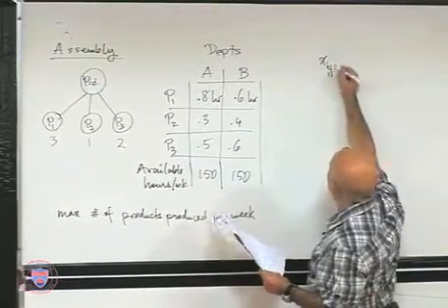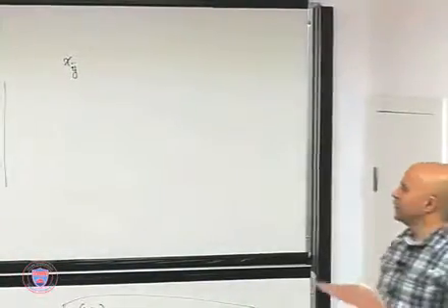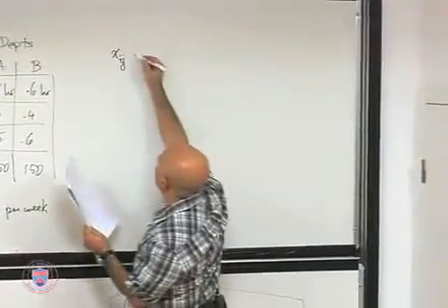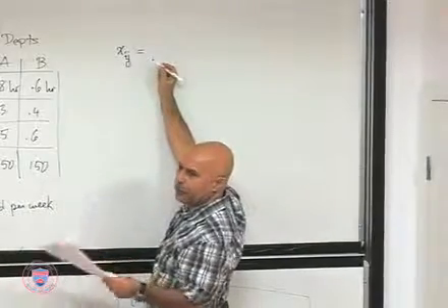So I'm going to define a double subscripted variable here, xij, even though there are other ways of handling this. This is particularly easy. This is the number of units of part i produced in department j.